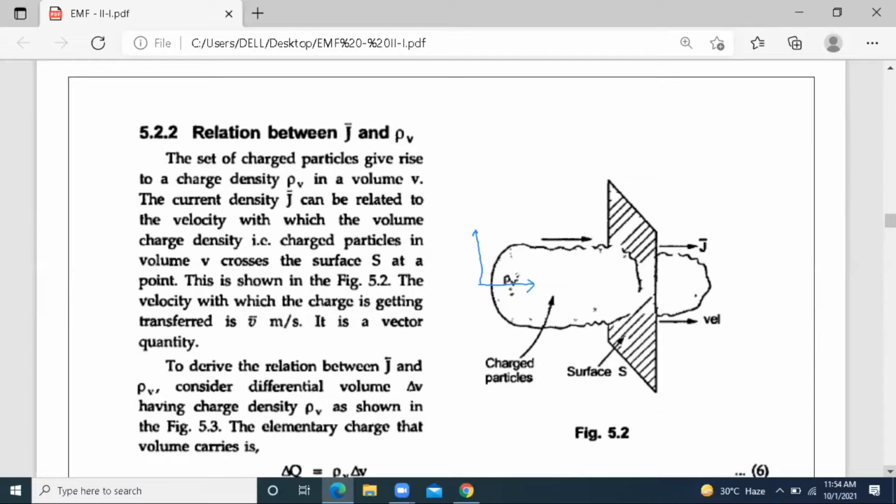The velocity at which the charge is getting transferred is V. That is your velocity. Your charge is going from here to here. It is a vector quantity. Velocity is a vector. To derive the relationship between J and rho v, consider the differential volume delta V having charge density rho v as shown in 5.3.